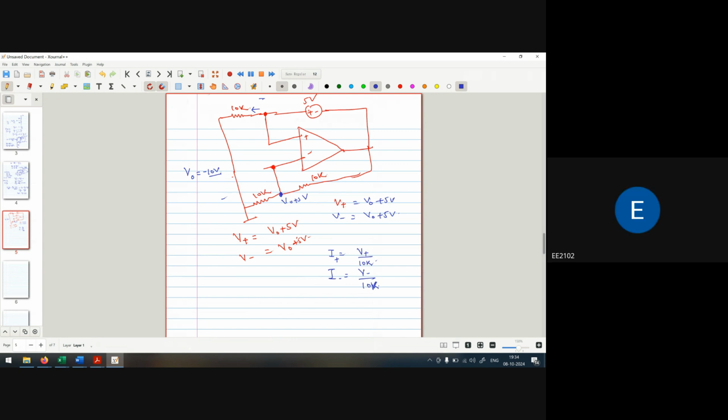Now apply the nodal analysis at this point. What will be the nodal analysis? Just take the rule.